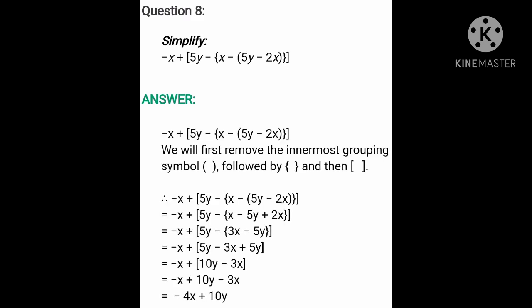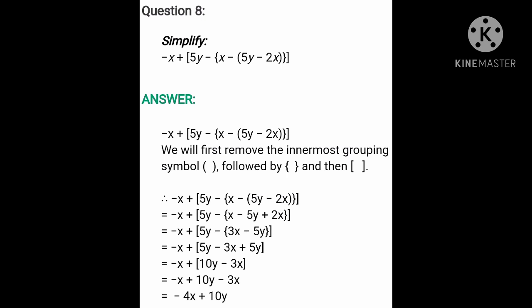Okay. Now question number 8. Minus x plus [5y minus {x minus (5y minus 2x)}]. Now first we will remove the smaller bracket, then the middle bracket followed by the square bracket, right? So our statement will be minus x plus big bracket open 5y minus middle bracket open x.